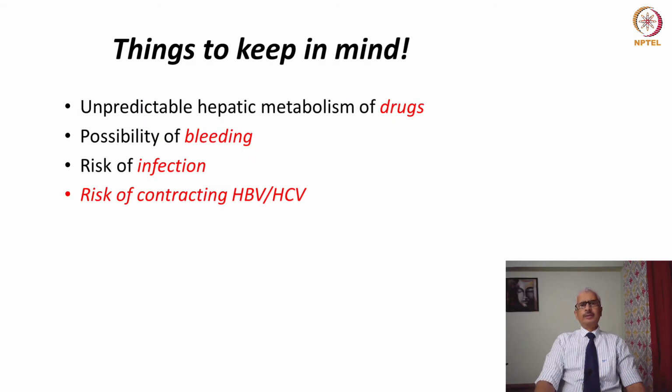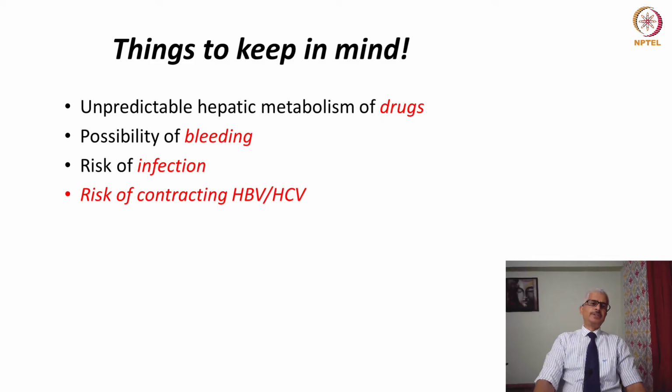Now, before we take up any procedure, we have to keep some of the important things in mind. We have to remember that the liver is one of the most important sites of metabolism of many drugs. So because of liver failure, these patients have unpredictable hepatic metabolism of drugs, and therefore we have to assess which drugs we should not give at all, which drugs require reduction in the dose, and which drugs can be given safely.